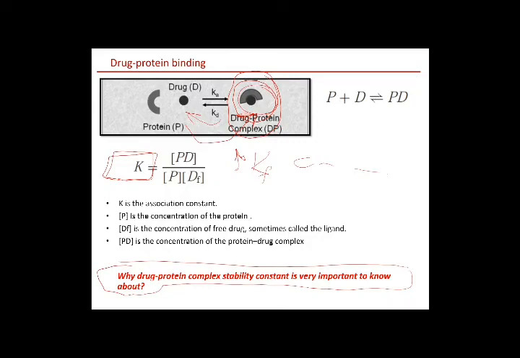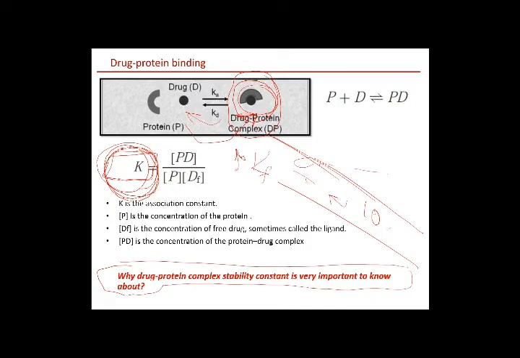Okay, let's read this line. Why is the drug-protein complex stability constant very important to know about? For example, let's say we have 10 milligrams of a drug available in our blood.